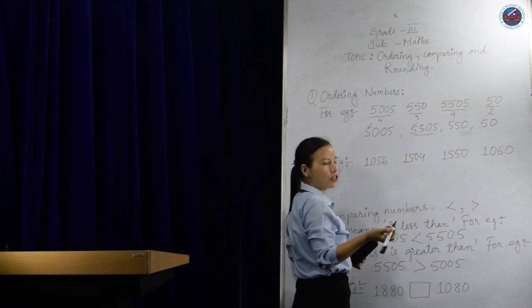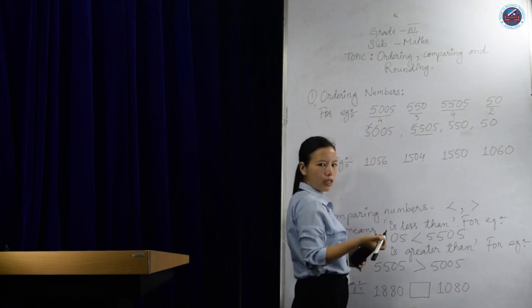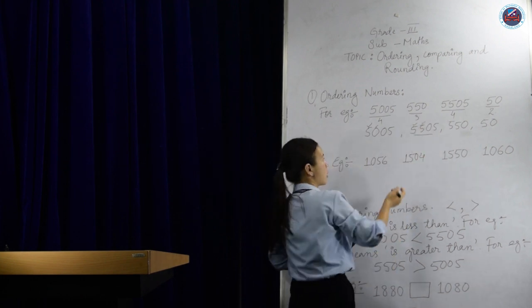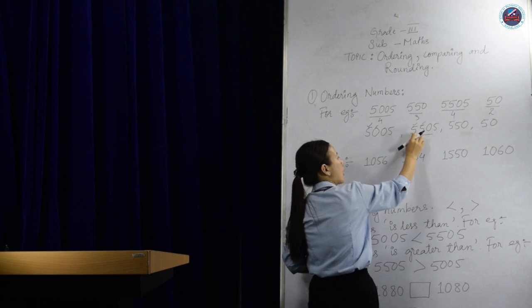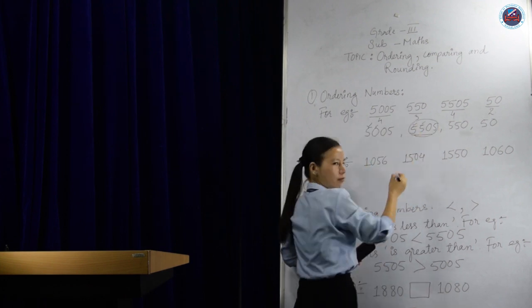Now let's compare the digit in the hundreds place. Here 0 is in the hundreds, and here 5 is in the hundreds. We know that 5 is greater than 0. That means this number is greater.